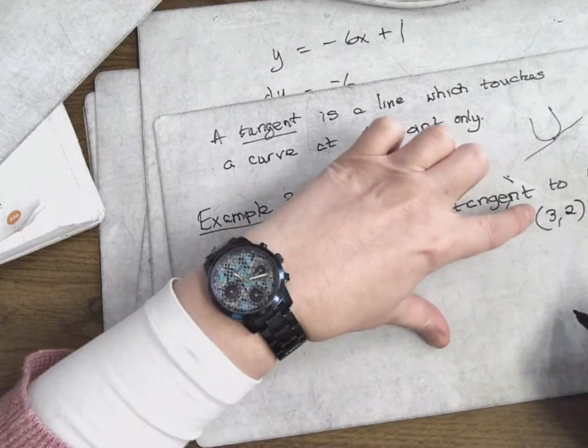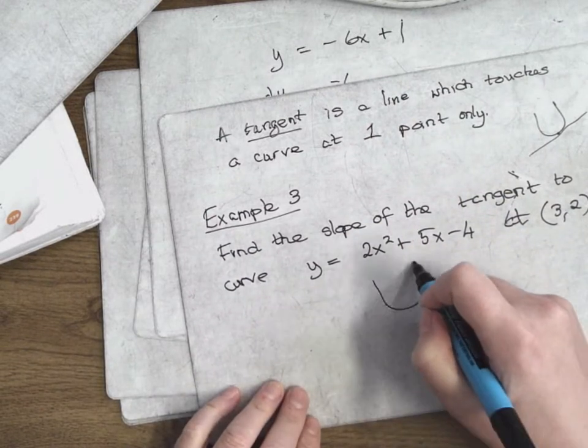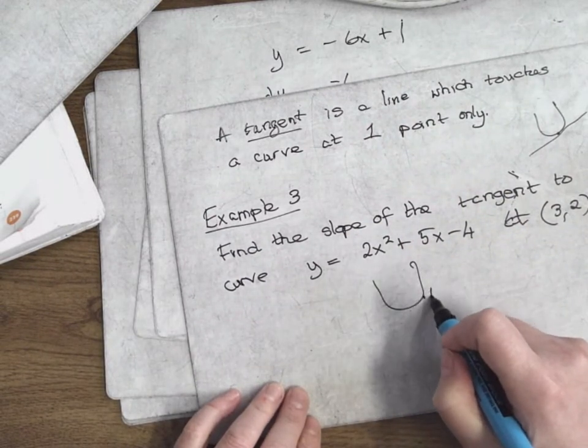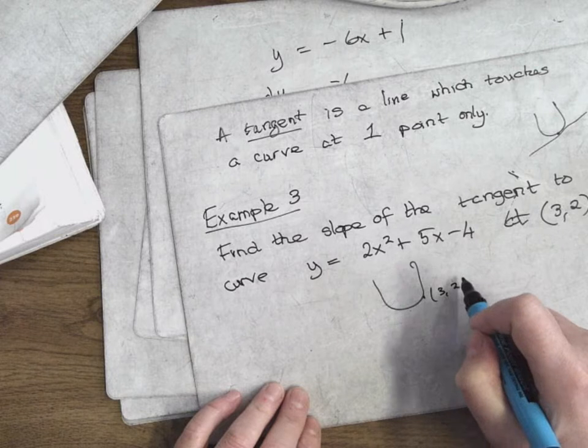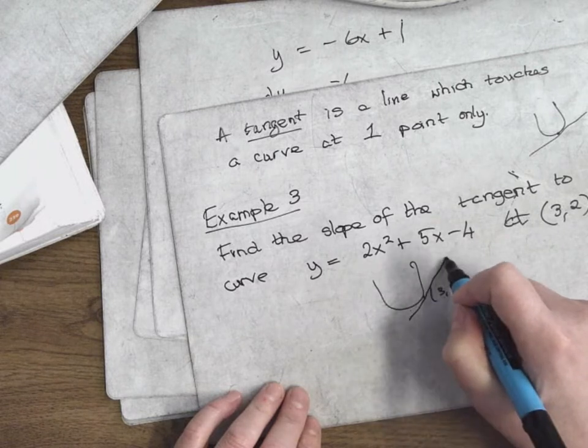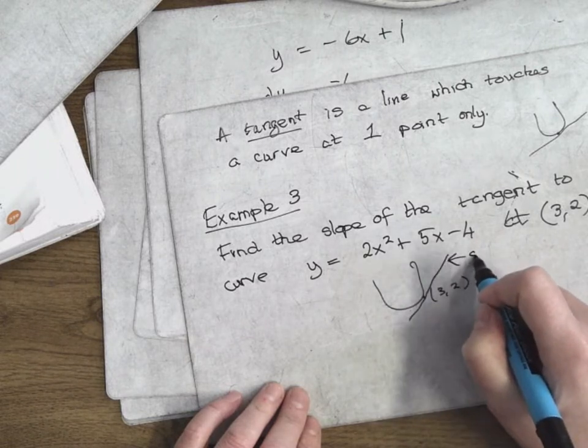Okay? So basically this is a curve. I'm picking a point (3, 2) on the curve, and I want the slope of this line.